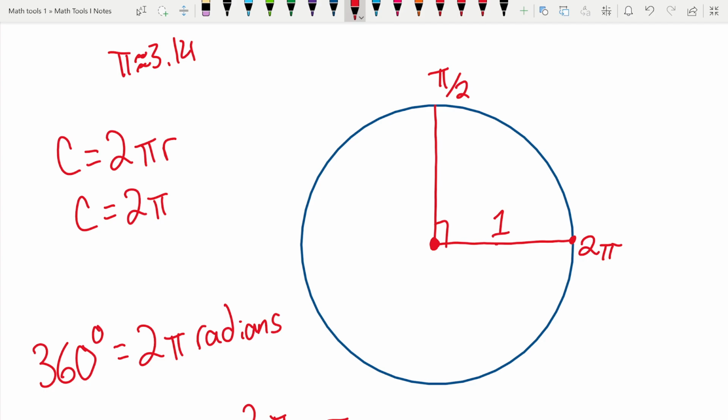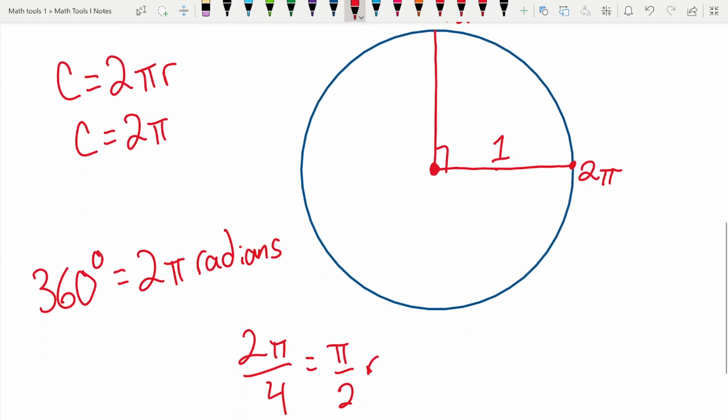So let me maybe write that. Pi over 2 radians equals 90 degrees. Because that is how far we travel along the circle in order to get that angle measurement where you're opening up 90 full degrees.